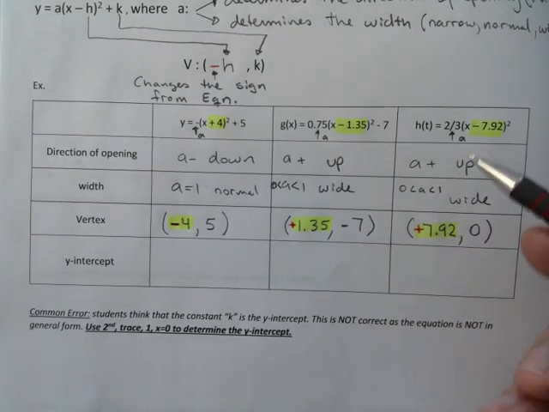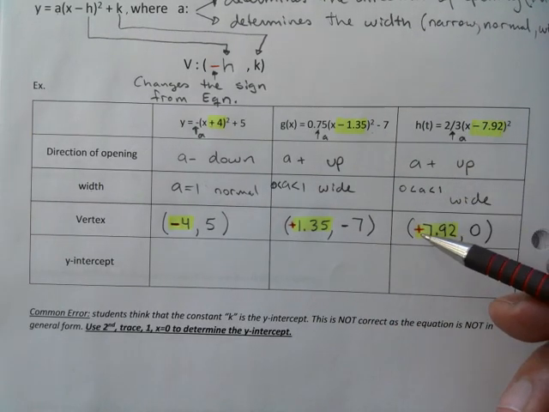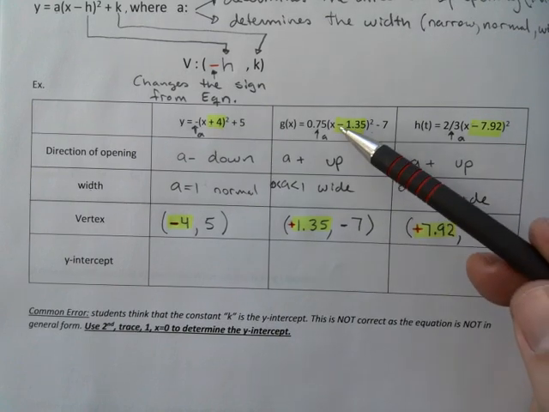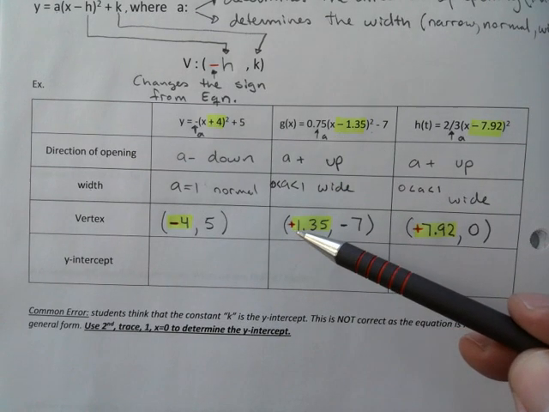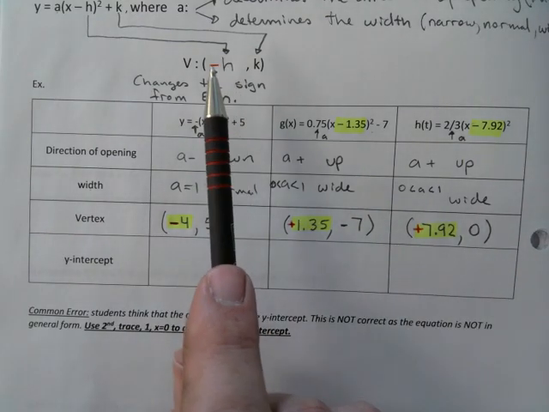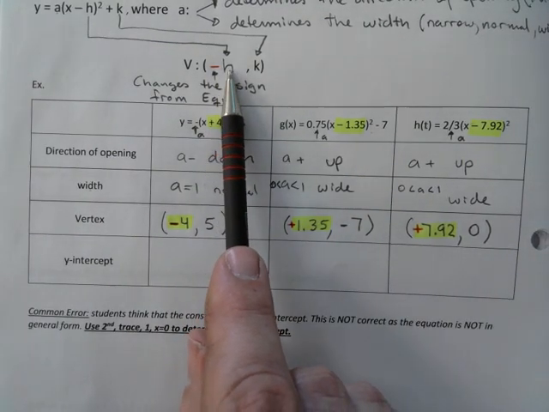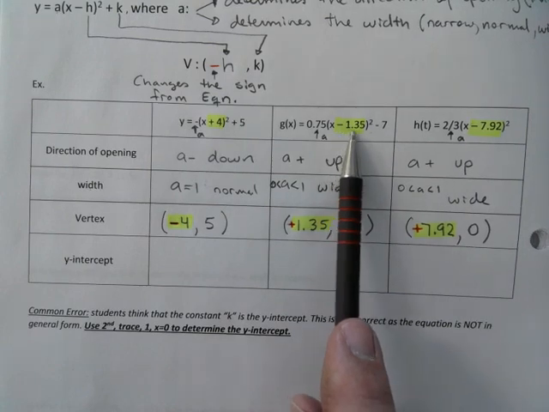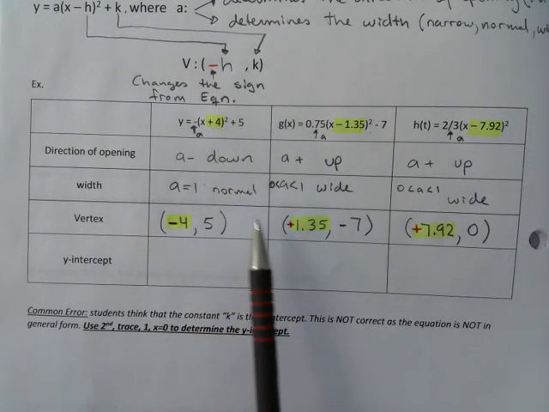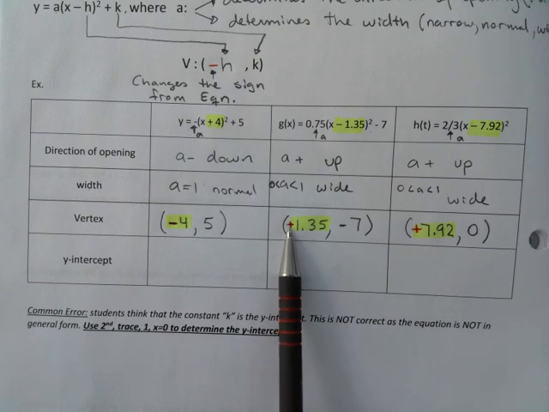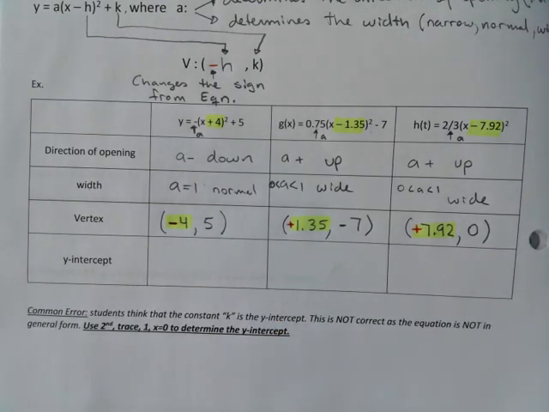So you can see a negative turned into positive. This negative turned to positive. Essentially, it's negative whatever h is. So negative 1.35 meets this negative and turns it into a positive. That's what's happening. And that's it for that one.